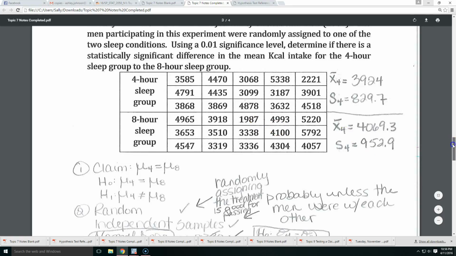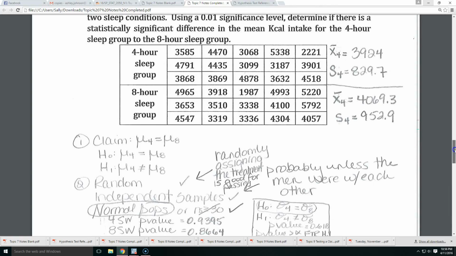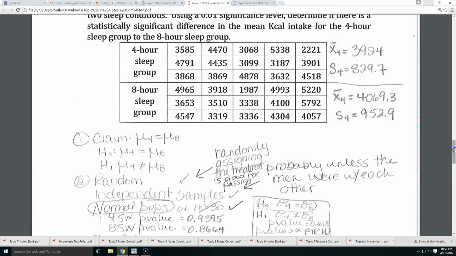So that should probably pass. But I'm very unstrict about this. But if you put a squiggle or anything, you should have some little justification. We either need that the populations are normally distributed or that they have a sample size of at least 30. And we definitely know that we fail sample size because there's 15 for the 4-hour group and 15 for the 8-hour group.